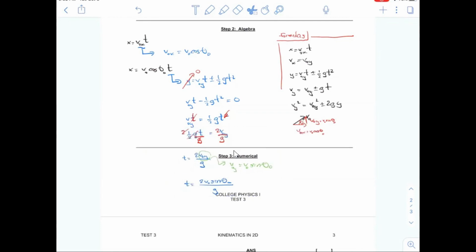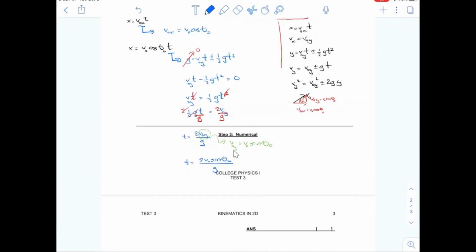Okay, I just want to get my alignments right. All right, so which means that x is going to be 2 times V0 times V0, so it's going to be V0 squared, times the sine of the angle theta, times the cosine of the angle theta.